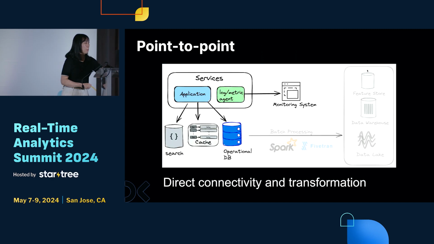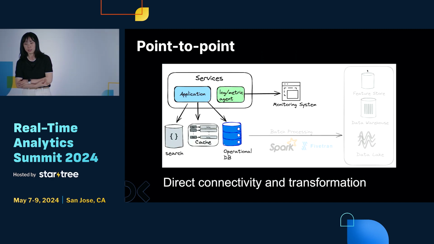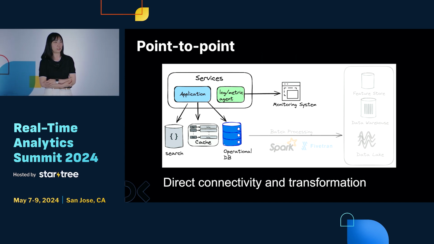remember this diagram. You can see the application needs to keep the operational database, cache, and search in sync. That means if I want to issue an update, I need to update 3 systems. So what you want is for this operation to be atomic: either all 3 systems get updated or none.